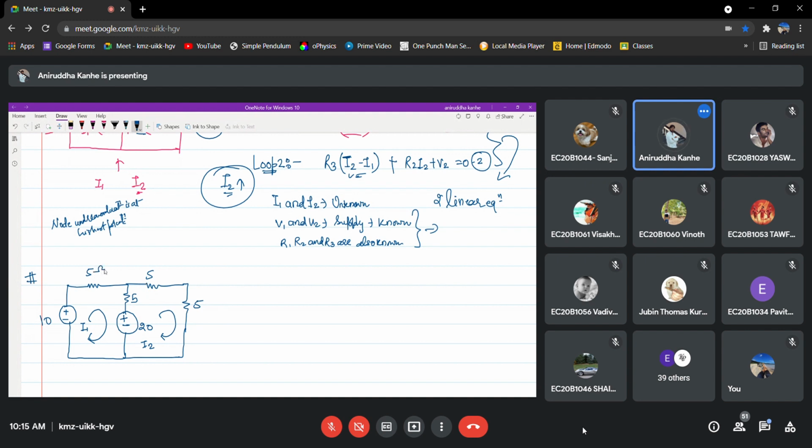So many terms you can use. All the resistances are, let us say, 5 ohms. Now you have to tell me how the loop 1 equation will be written.